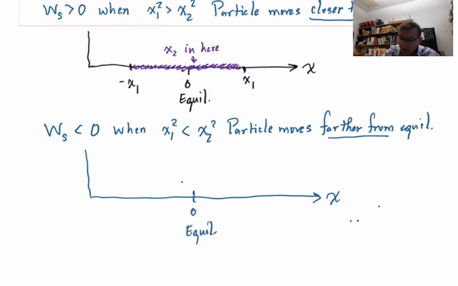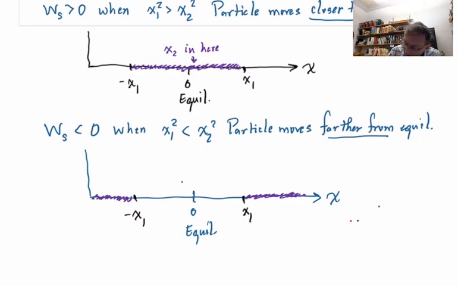Well, let's say that the particle started out, say, maybe here, but let me draw the symmetric version of it on the left, negative x1. Now it's got to end up farther from equilibrium than where it started. So it's got to be either extending on out this way, to the right of x1, that would be an x2 squared larger than x1 squared, or this way, extending that way, because that would give you an x2 squared larger than an x1 squared.